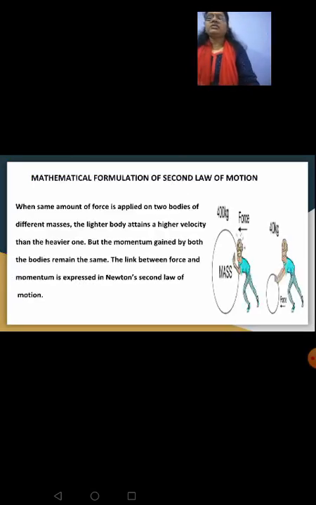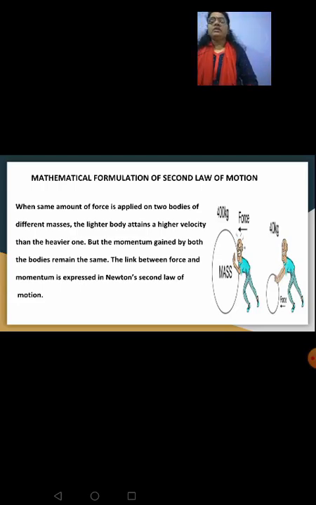When the same amount of force is applied on two different objects, for example, an object with mass 400 kg and an object with 40 kg mass, what will happen? Both objects will begin to move, but the lighter object will move faster and acquire a greater velocity, but both will gain the same amount of momentum.